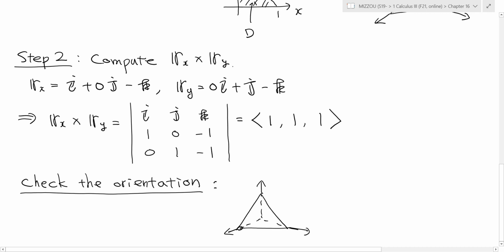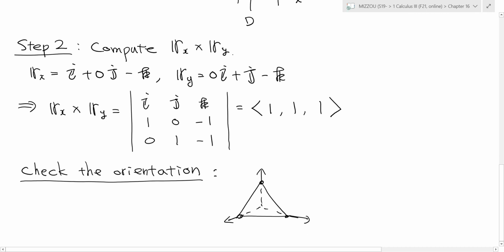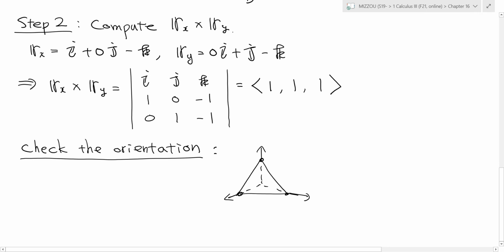But the typical, canonical way of checking this is to look at one test point, but 1, 1, 1 is independent of the choice of the test point. So no matter where you are on the triangle, the vector representing the orientation is 1, 1, 1. So it's like going this way.